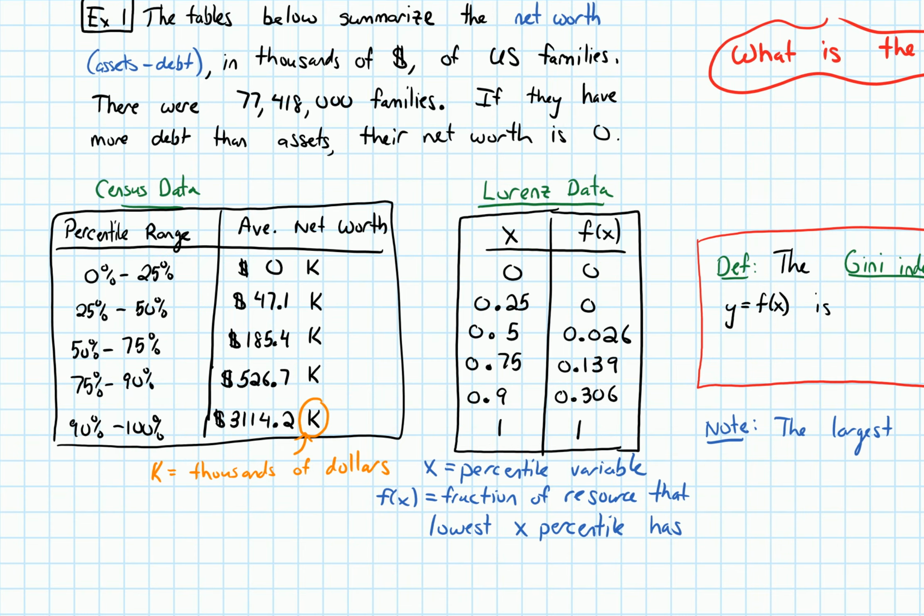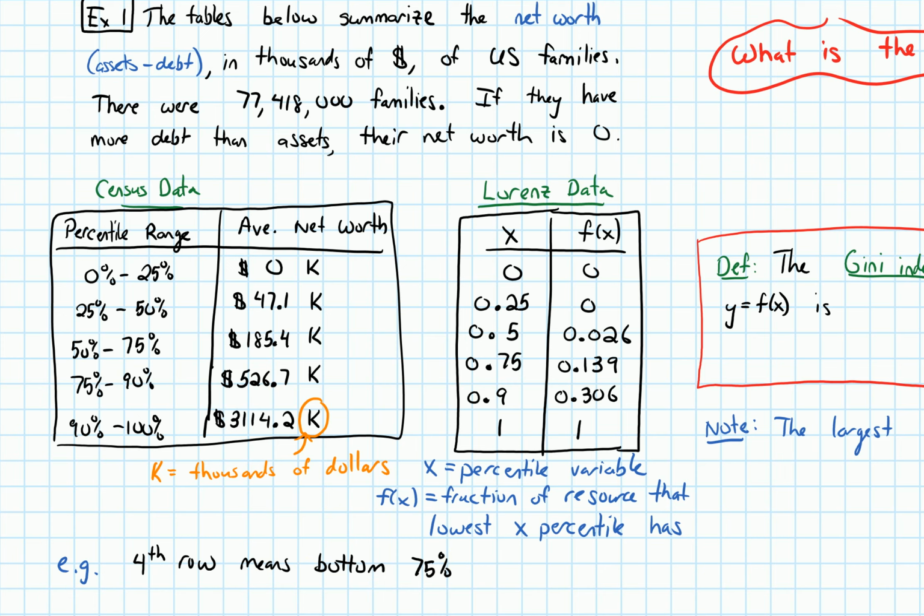So let's break down what this is really saying. For example, the fourth row of this Lorenz data table: x is 0.75, and what that means is the bottom 75%, because that's what I get if I convert 0.75 to a percent. The percentile is talking about the people either at that threshold or below it.